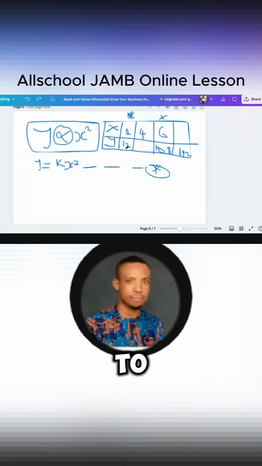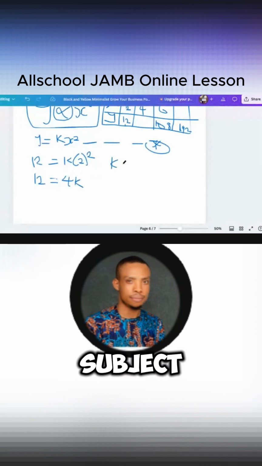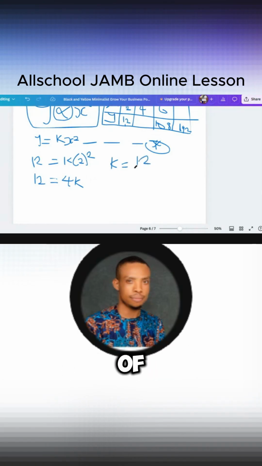Here I will have to represent y as 12 and x as 2. So I have 12 is equal to k times 2 squared. 2 squared will give me 4. 4 times k will give me 4k. Now I have to make k the subject. k now becomes 12 over 4. That will give me 3.